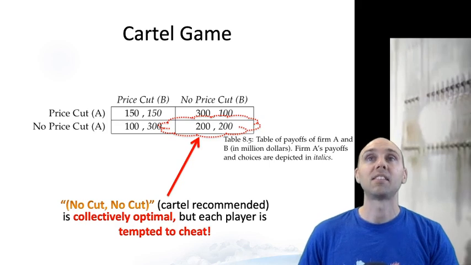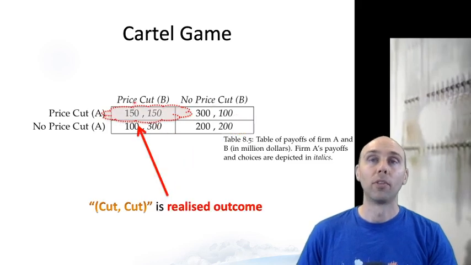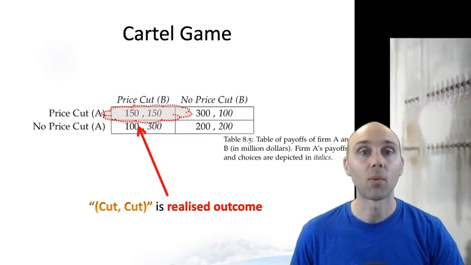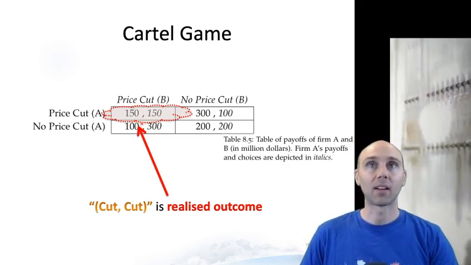But there's that incentive to deviate. If firm B is not cutting its prices and we do, we can increase our profits to 300. But once we're at 300 and firm B is at 100, now there's a new incentive to move from there, with firm B now price cutting, and we end up at 150. So this is the realized outcome.